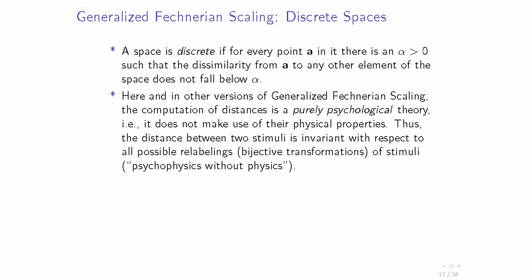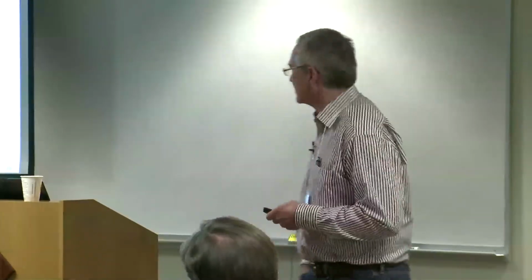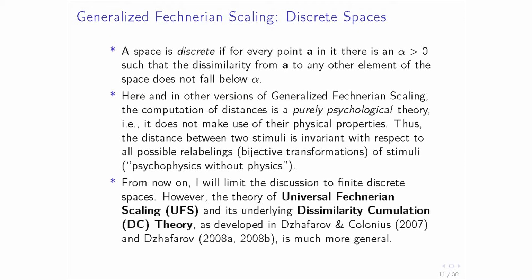So we call that psychophysics without physics, because only the label of the stimuli is being used in this approach. Of course, we don't have to do it, but it's possible to do it on that level. So from now on, I will limit the discussion to finite discrete spaces. However, the theory of universal Fechnerian scaling and its underlying dissimilarity cumulation theory, as developed in 2007 by both of us and by Etibar in more specialized cases, is much more general.